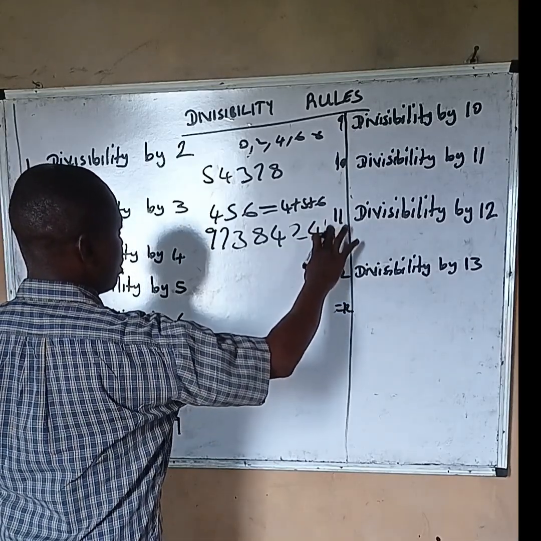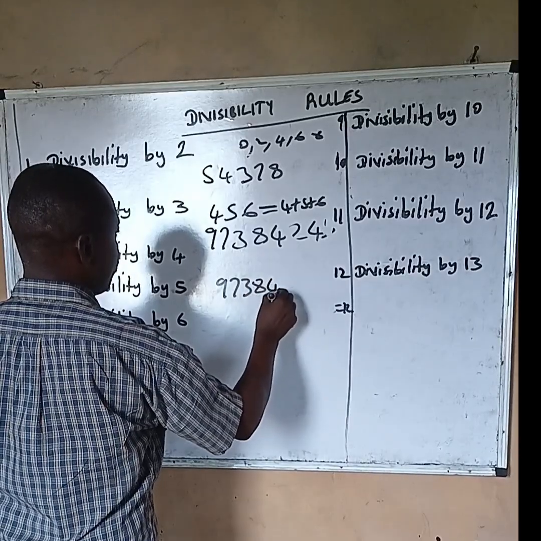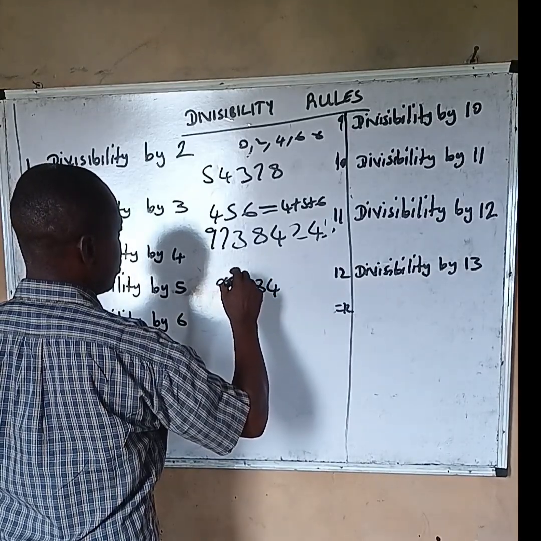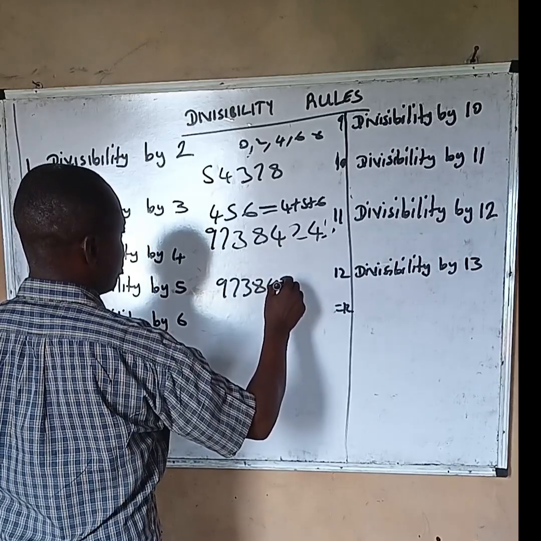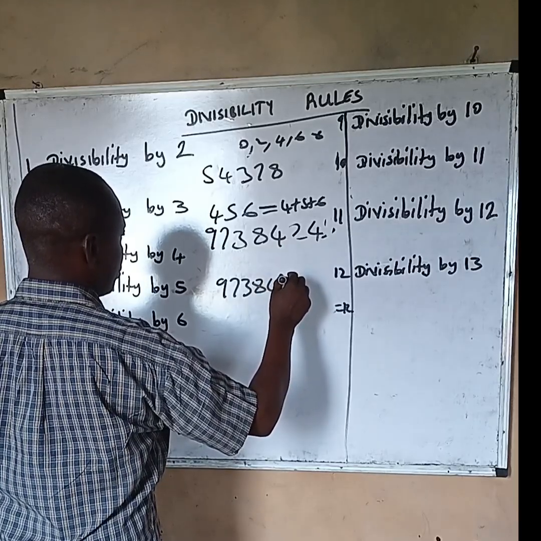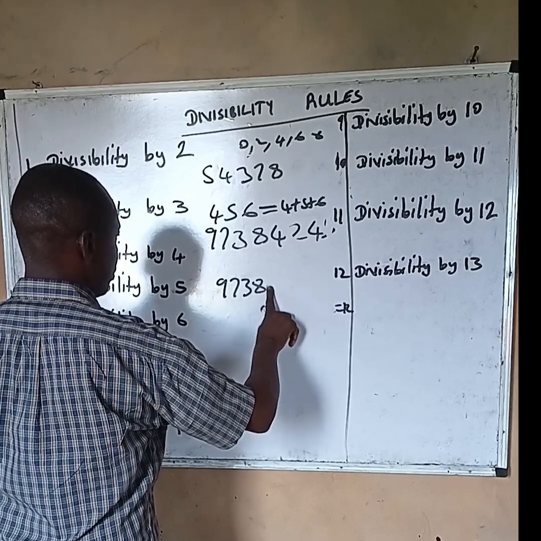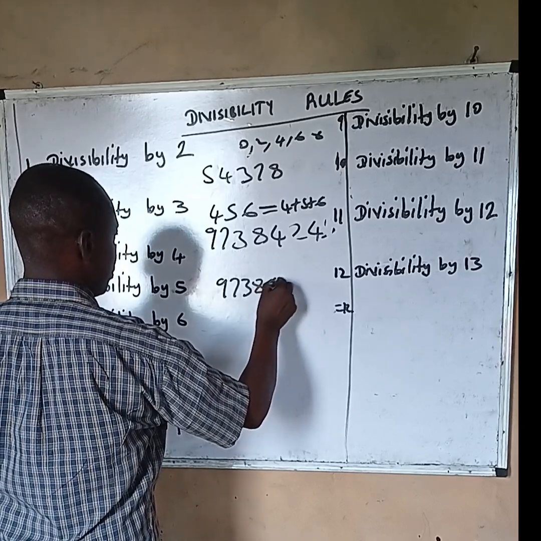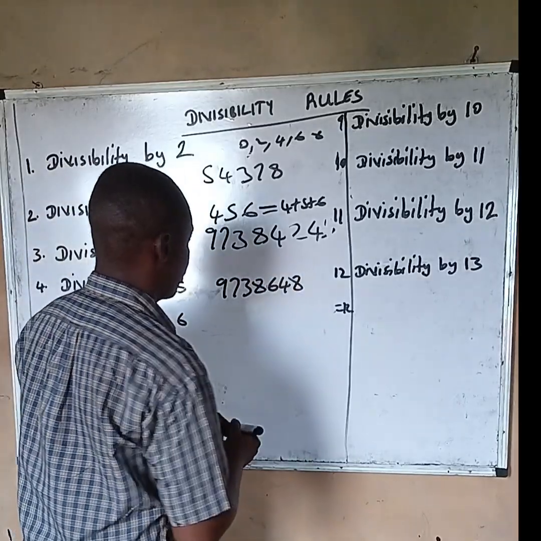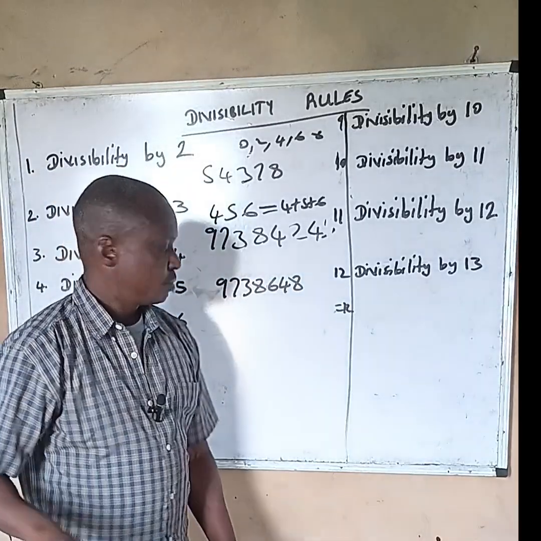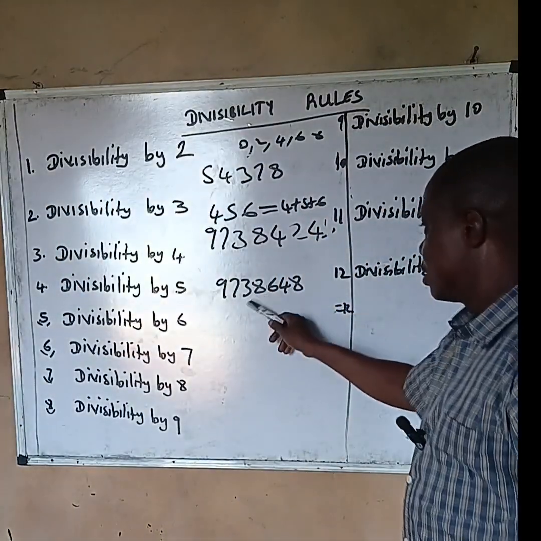Let's say I use 97384. So let's look at this number.